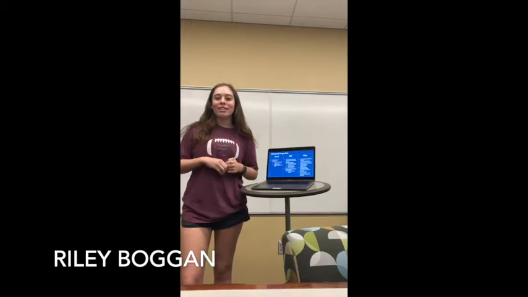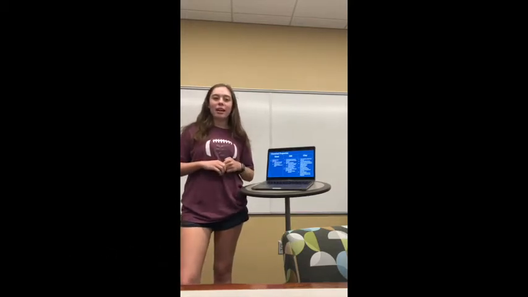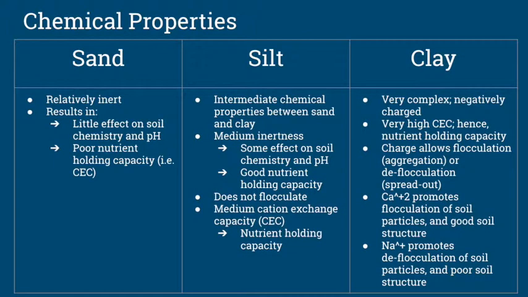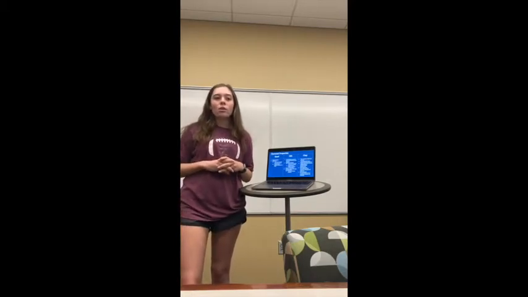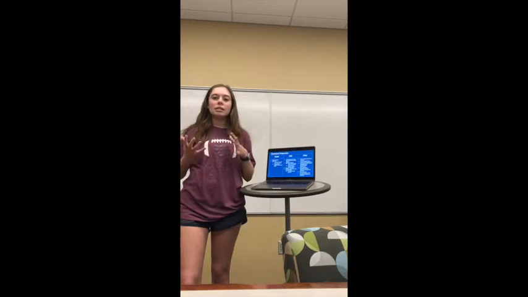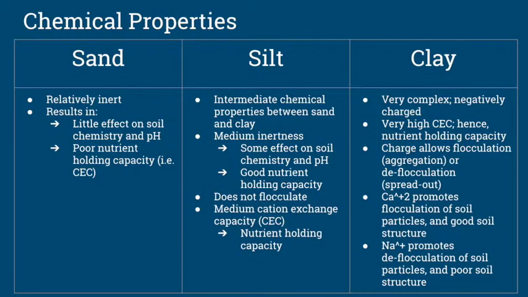I'm going to be going over the chemical properties of sand, silt, and clay. Sand is relatively inert. It results in little effect on soil chemistry and pH. It has poor nutrient holding capacity, which would be the CEC. Silt has intermediate chemical properties between sand and clay.